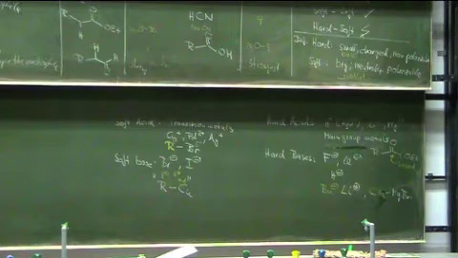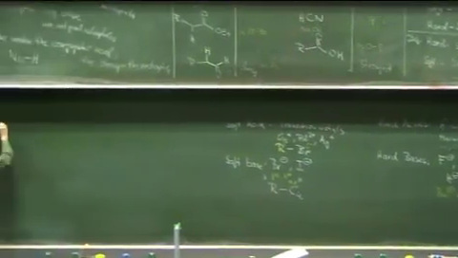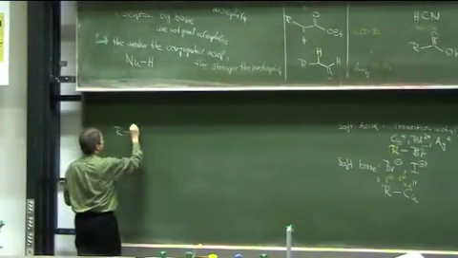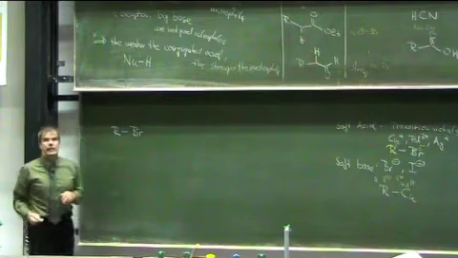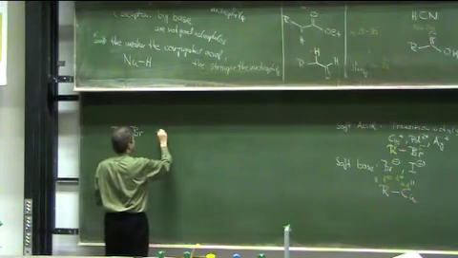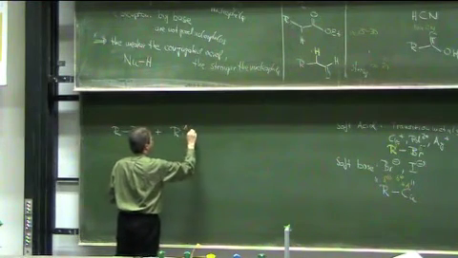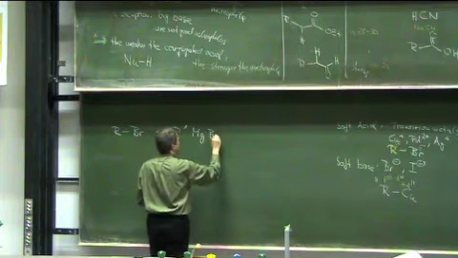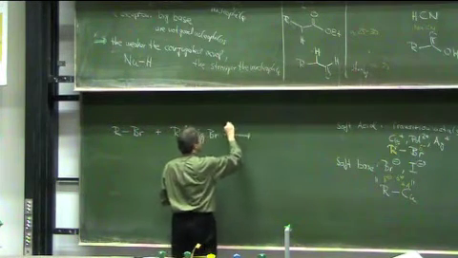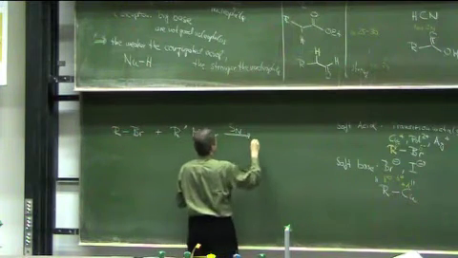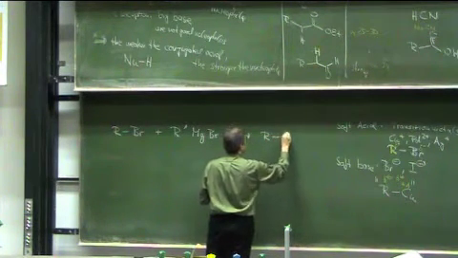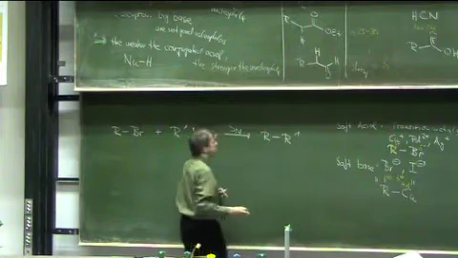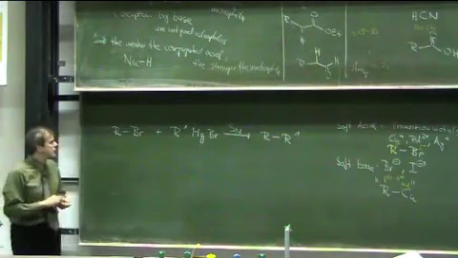So then what did we look at? We looked at the question, will an alkyl halide undergo a nucleophilic substitution with the Grignard reagent to form such a coupling product.